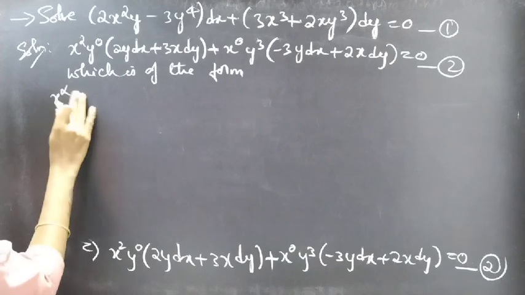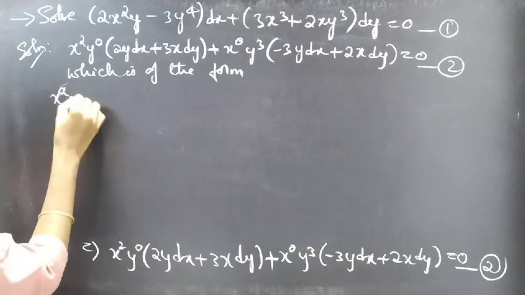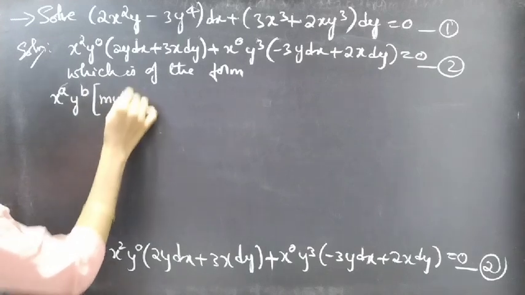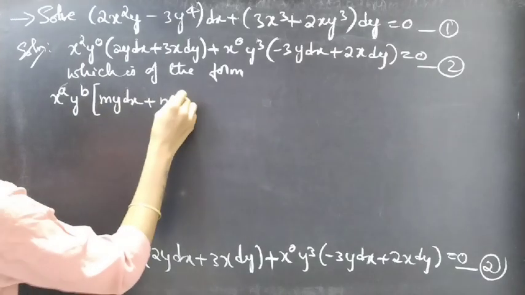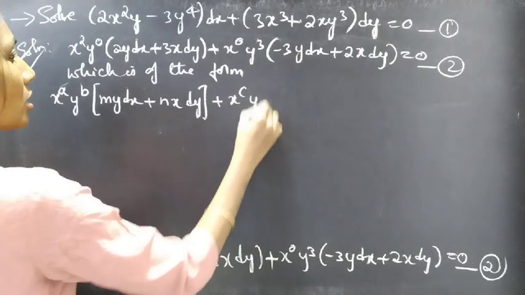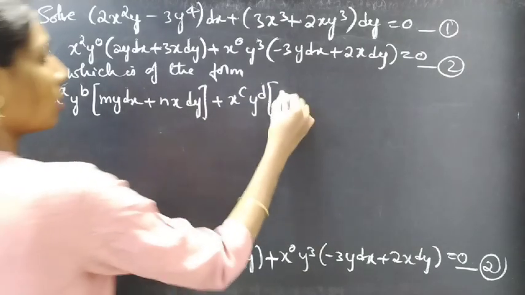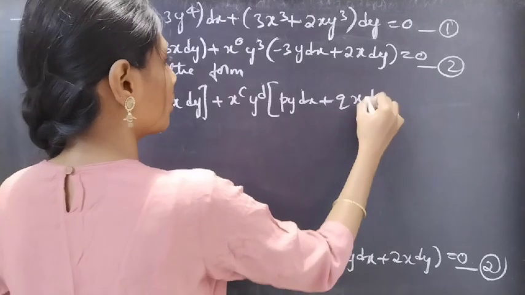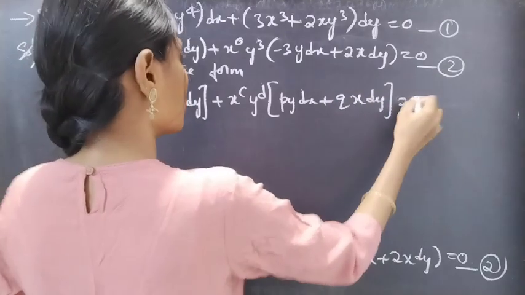x power a y power b into mx dx plus ny dy... that is, x power a y power b into (m y dx plus n x dy) plus x power c y power d into (p y dx plus q x dy) equal to 0.